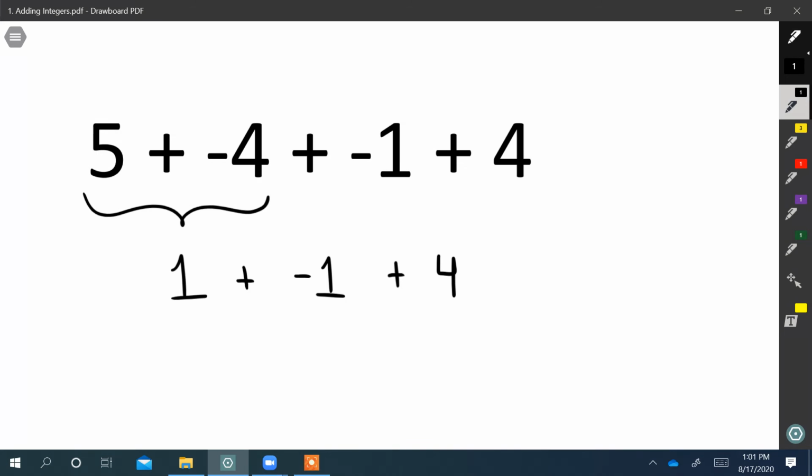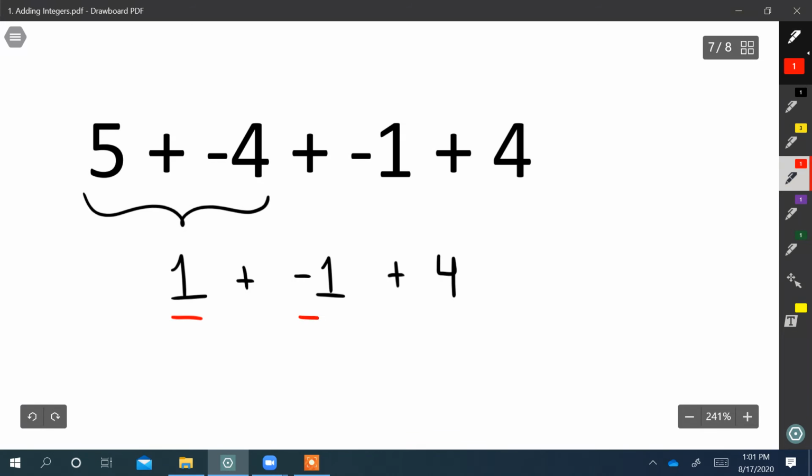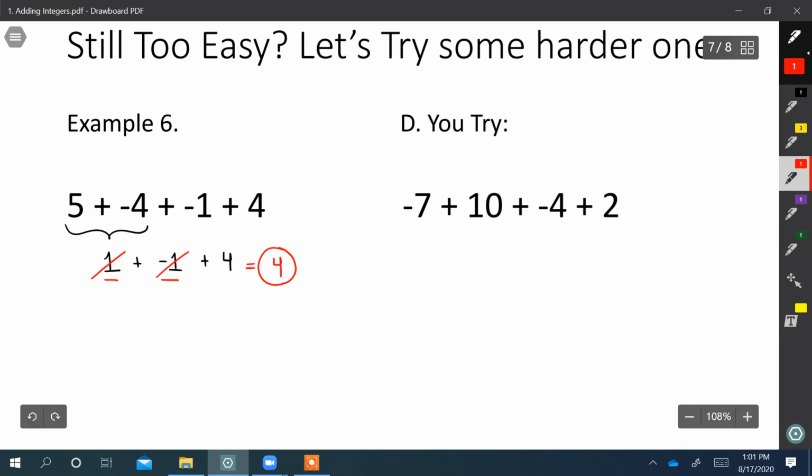Remember, if you have a positive and a negative, you subtract. 5 minus 4 is 1. What will happen to this right here? A positive 1 and a negative 1, they just simply cancel out, and you end up with just 4 as your final answer. I want you to try number, or actually letter D.